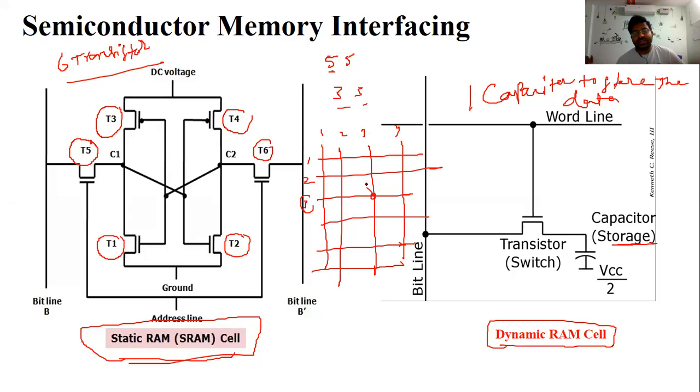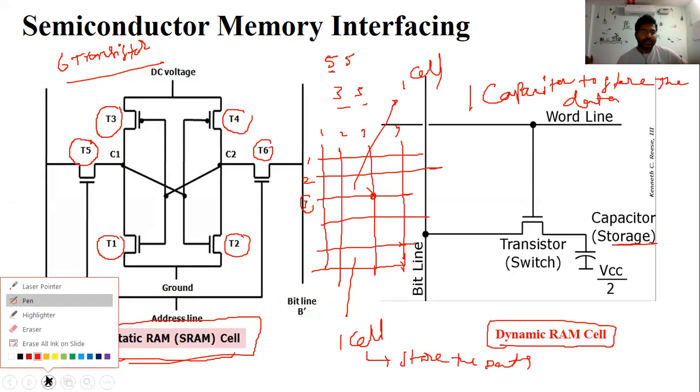So this is one cell, this address location. Remember, these are the cells. In the cell we are going to store the data. The cell is connected to both rows and columns.